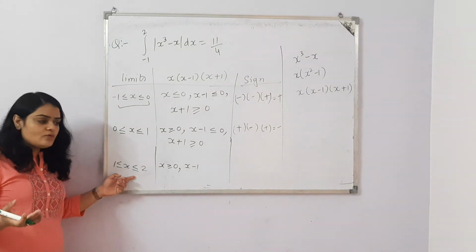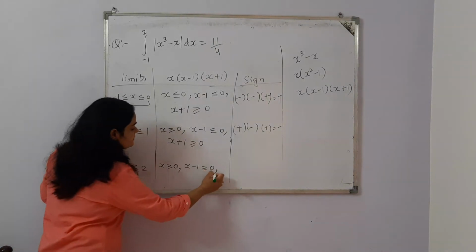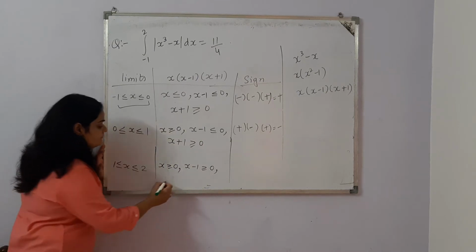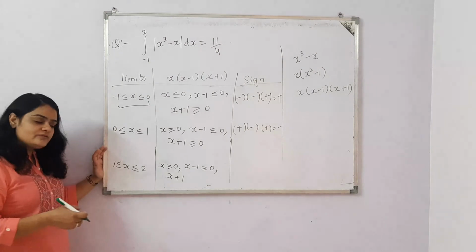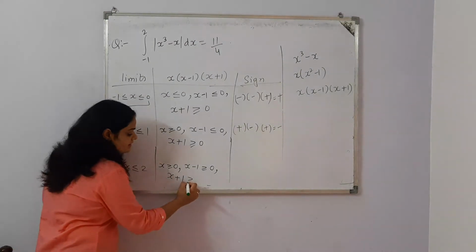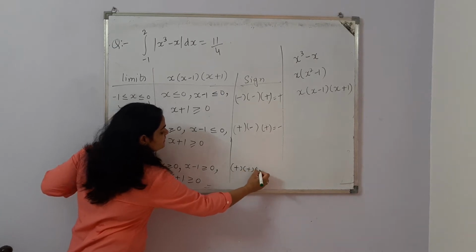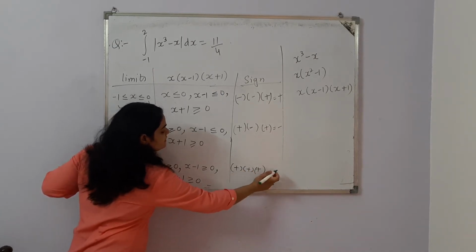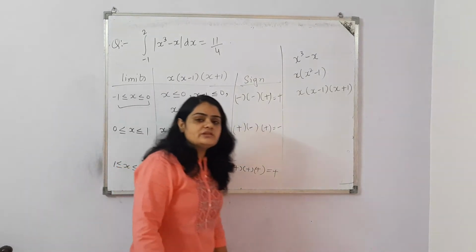Let's take 1.4. 1.4 minus 1 is 0.4, of course it is positive. Substituting in x plus 1, 0.4 plus 1, again it is positive. So positive, positive, positive, plus plus plus. That means the function is positive, and we need to take the positive function.